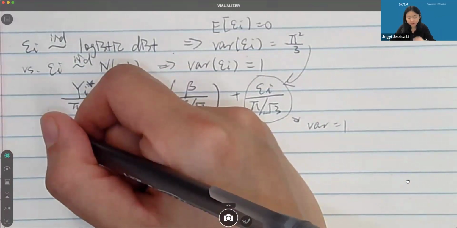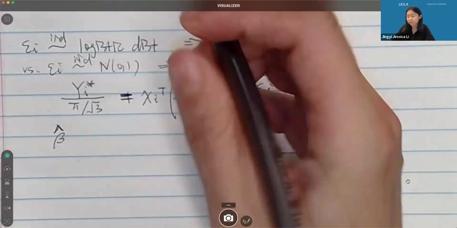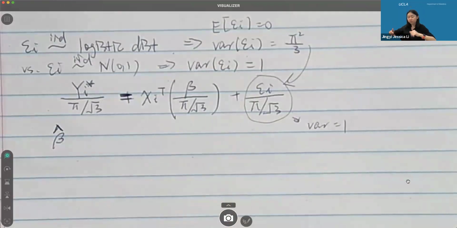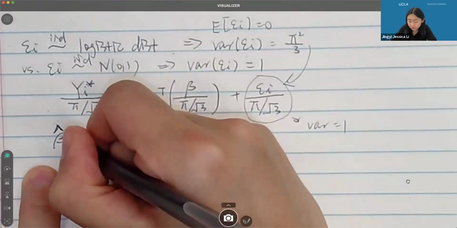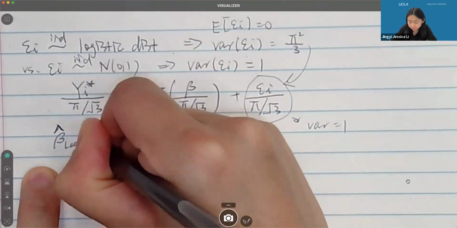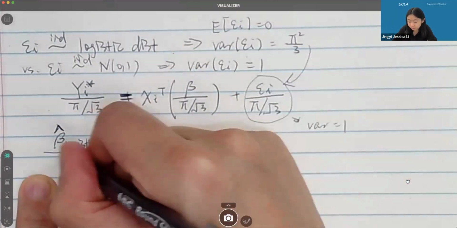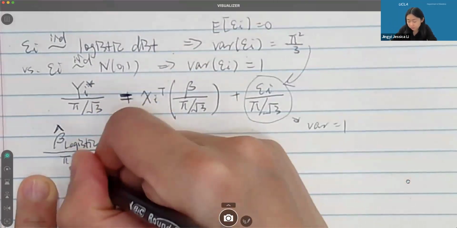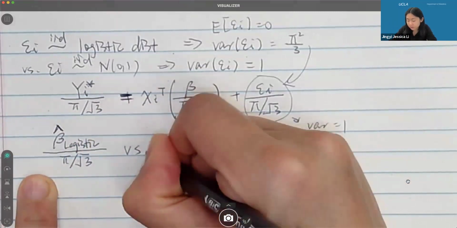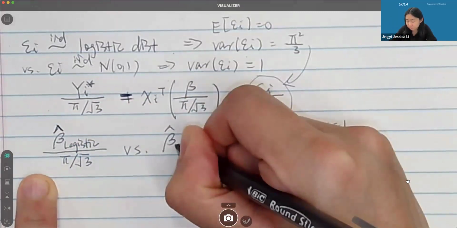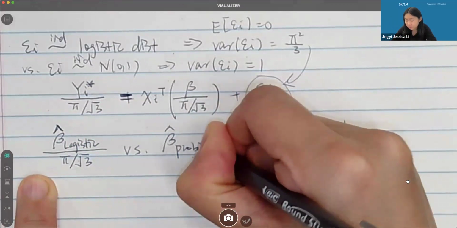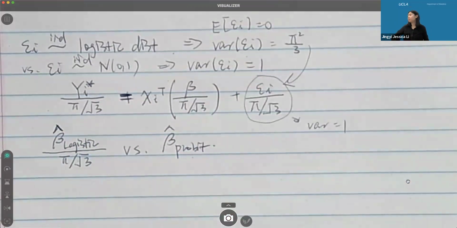You need to compare beta hat from the logistic regression divided by pi over root 3 to the beta hat from the probit. That's important because they're not on the same scale, and you will notice it when you do this binary response regression in R.